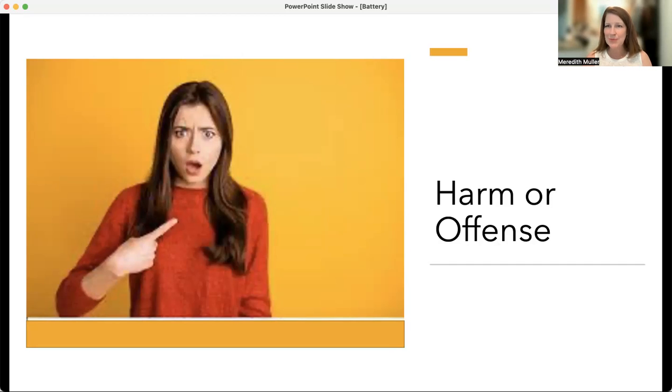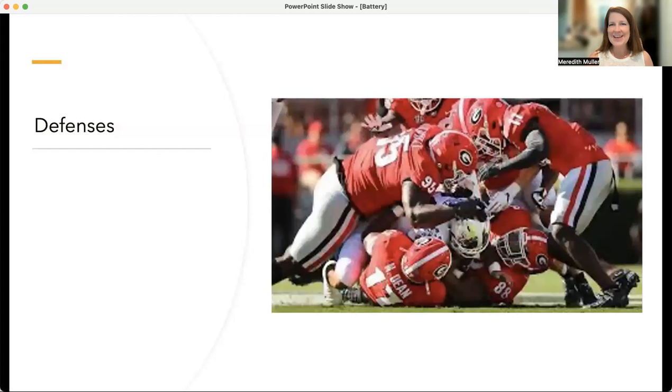So if a reasonable person would have been offended by the contact, then that is enough to prove offense under the tort of battery. So watch out for the touching issue and the harm or offense issue. Just because somebody is not physically harmed does not mean that there's no battery, because we can use offense to prove battery.